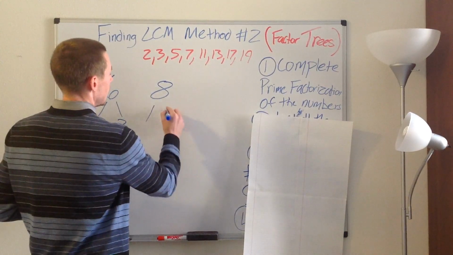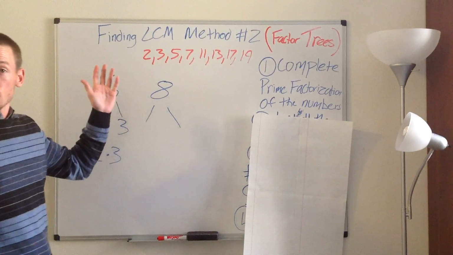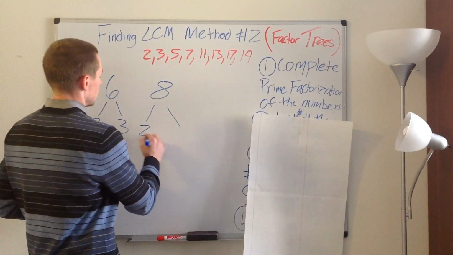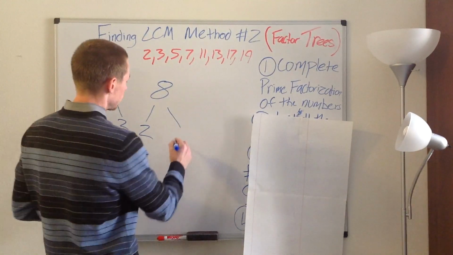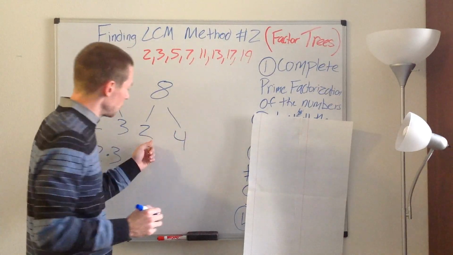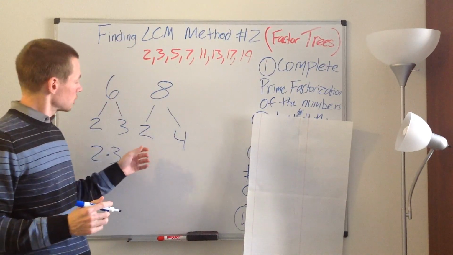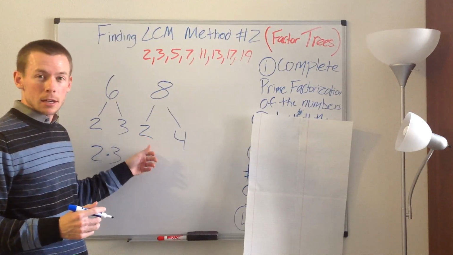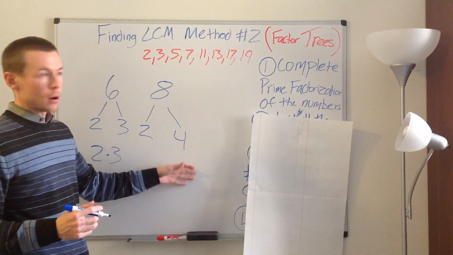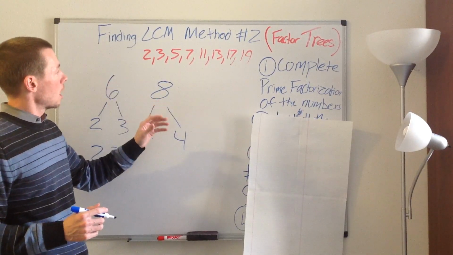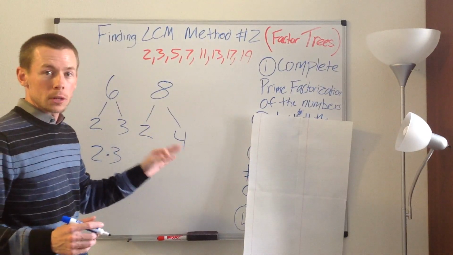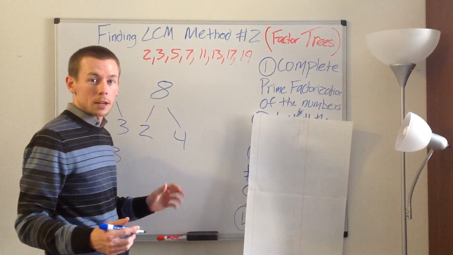Let's go to 8. Again, we can start with 2. Does 2 go into 8? Yes, it does, 4 times. Is 2 prime? Yes, so we are done there. What about 4? Is that prime? No, because 2 can go into 4 in addition to 1 and the number 4 itself.